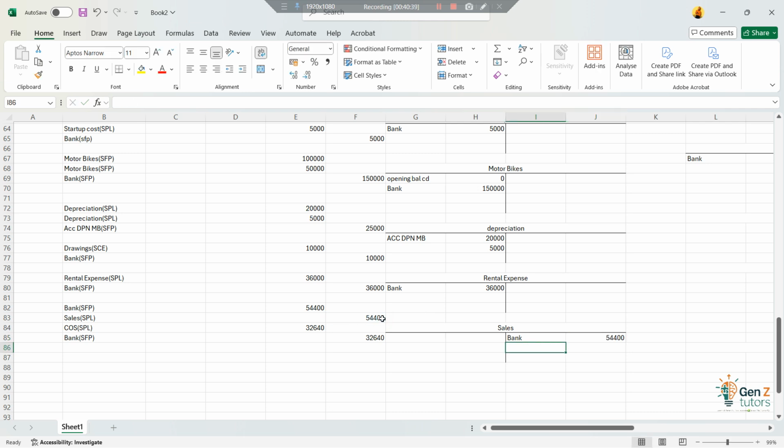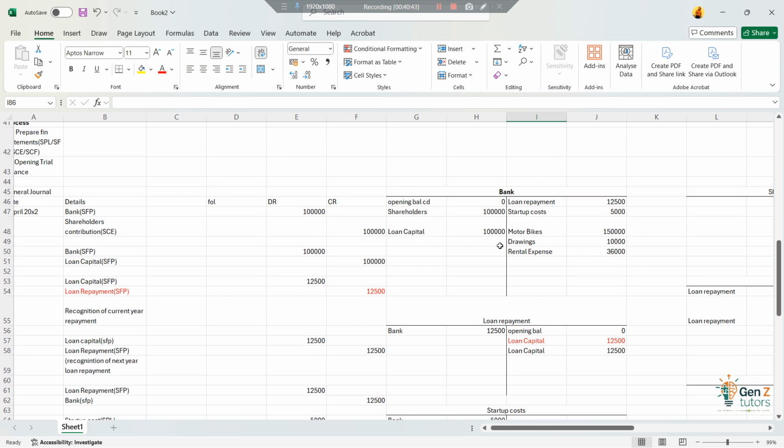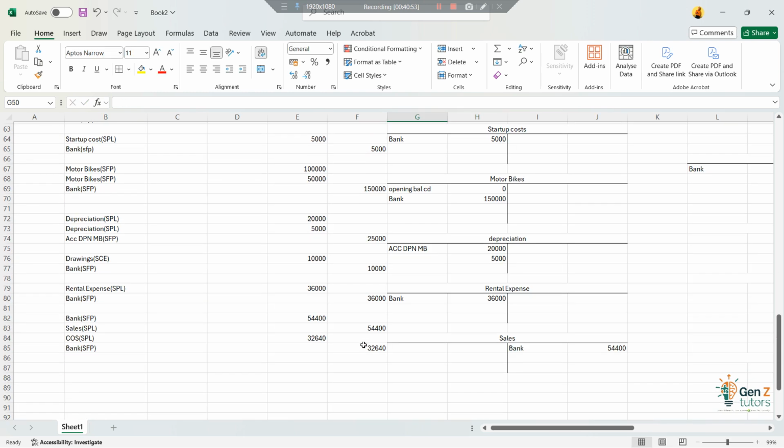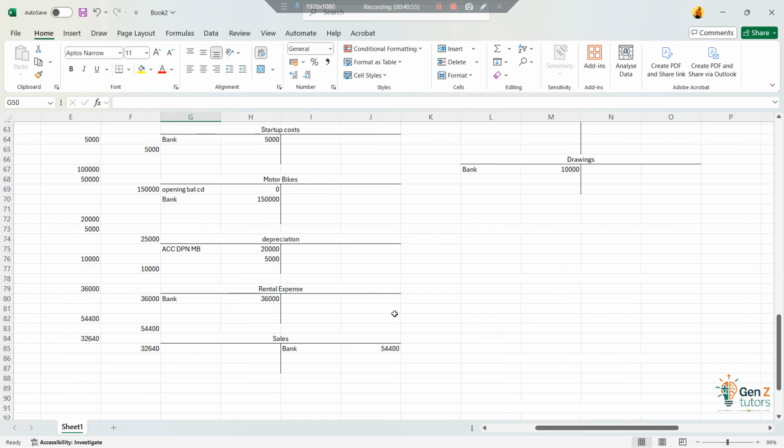And then from here, let's adjust for these transactions on the ledgers. Then we go and create ledgers again for sales. Just copy the format.